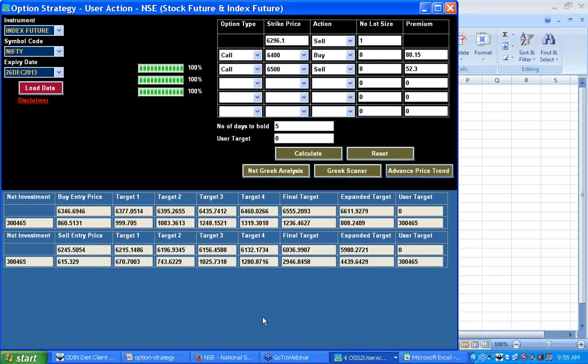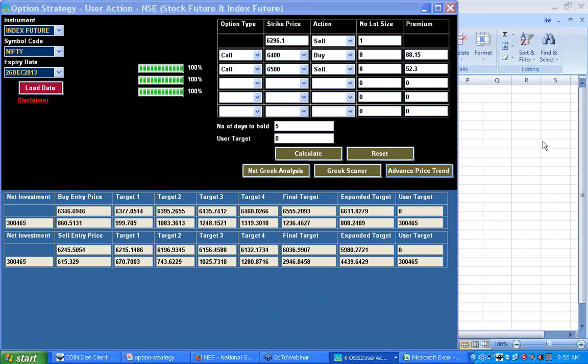But here one thing I wish to tell you: why does this tool give you a lesser profit estimation at this particular time? Your profit will definitely be higher than that, because it factors in the current volatility. It doesn't factor in the future volatility. Whenever the future volatility falls, the 6,500 option will have a greater decay, provided Nifty is going to the 6,400 level.